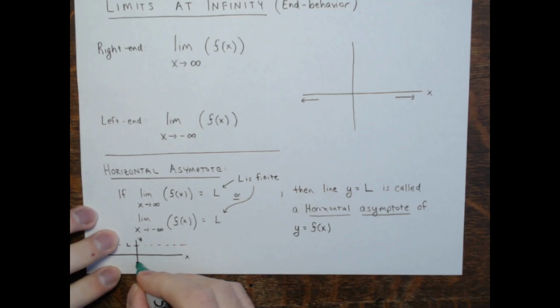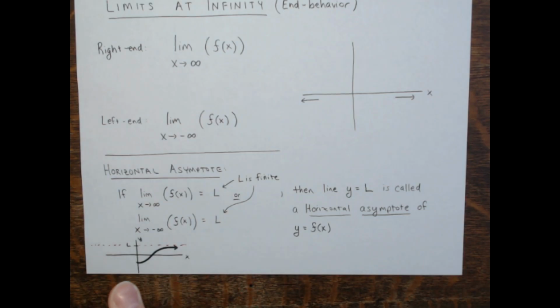So say the graph of my function is doing this to the far right. So this is the graph of f, this little curve I'm drawing here. So as I move to the far right, as x goes to infinity, the graph is approaching this line.